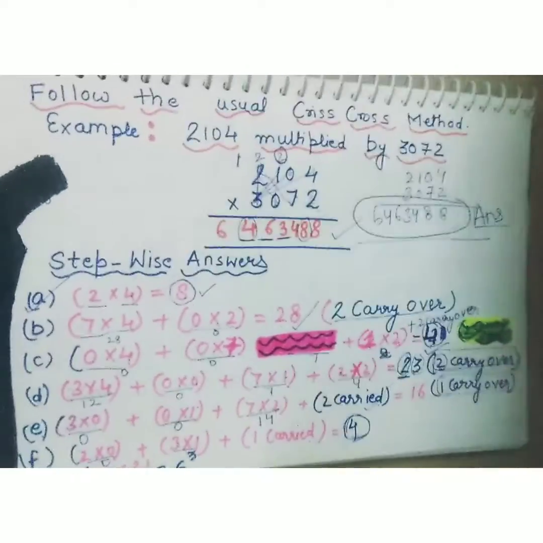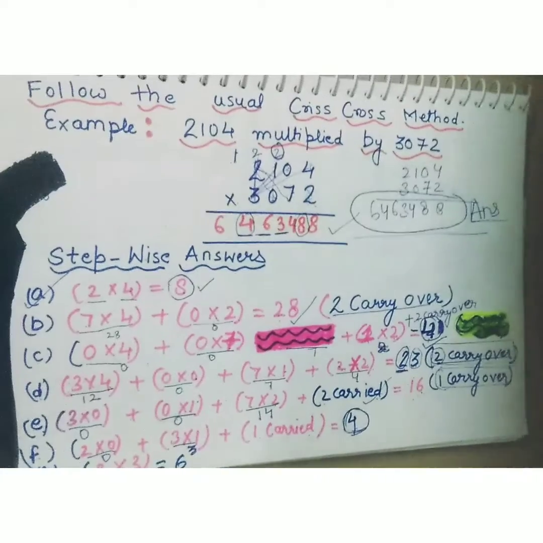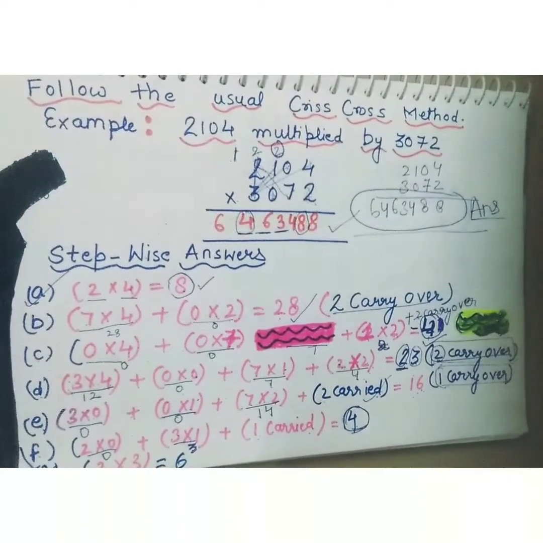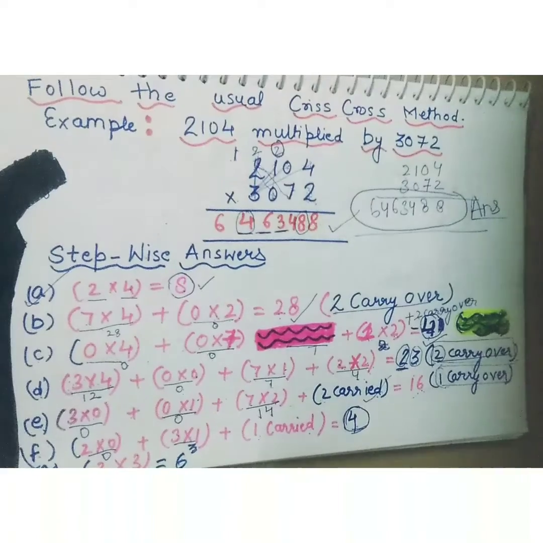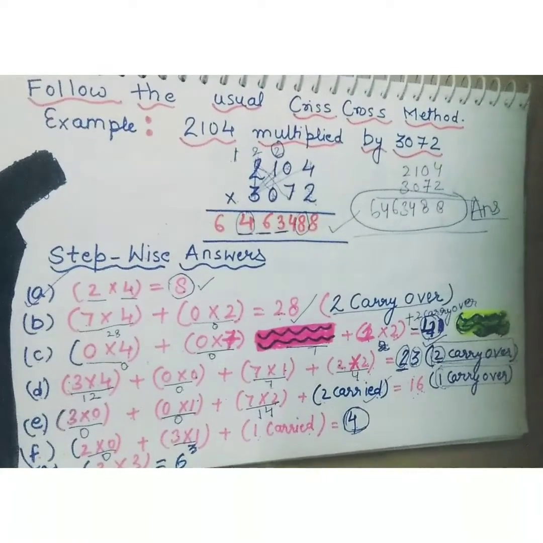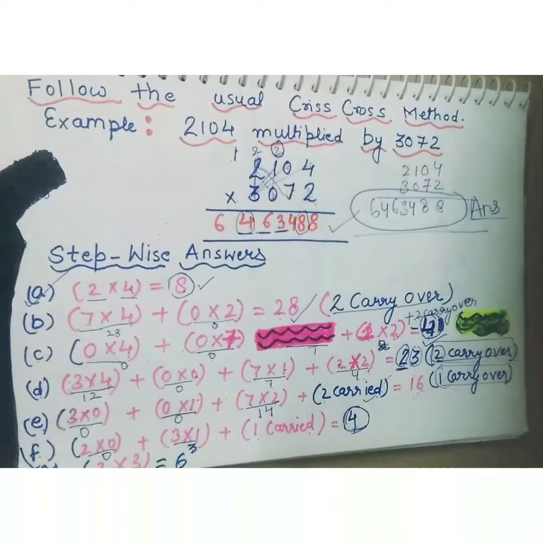If you want some more questions of crisscross method part 1, part 2, part 3, please tell me in the comment section. I will give you more practice of crisscross method part 1, part 2, part 3 with examples. So hope you understand that crisscross method.